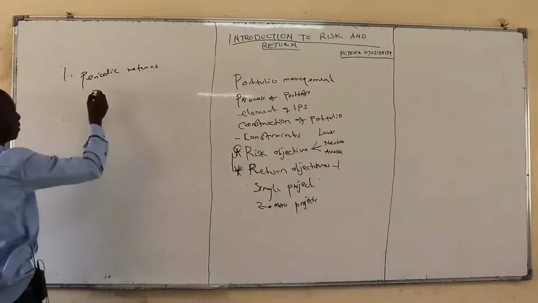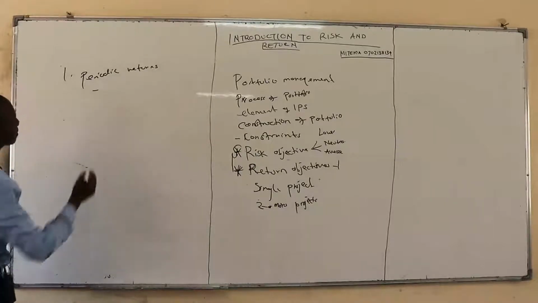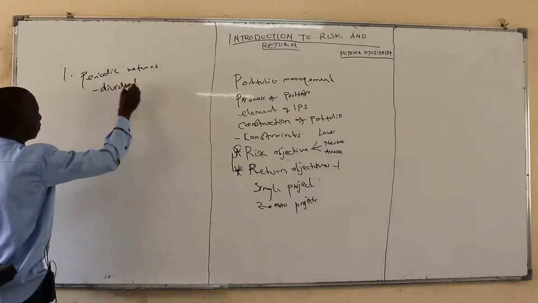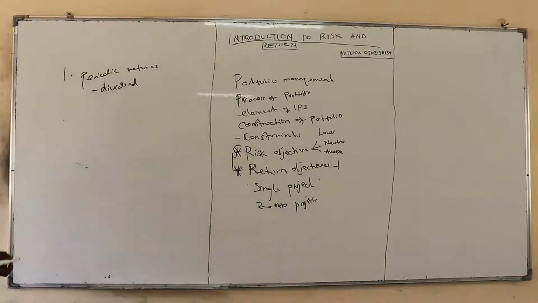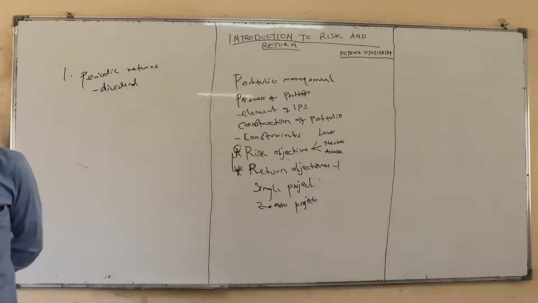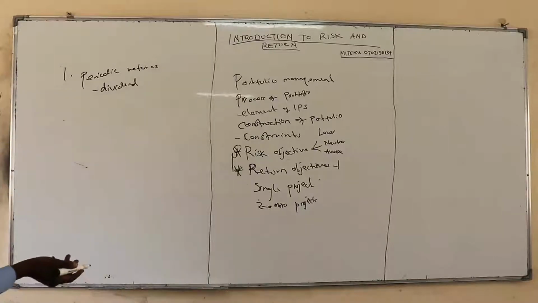These may be returns such as dividends, which are periodic, meaning they could be paid annually, quarterly, or even monthly.